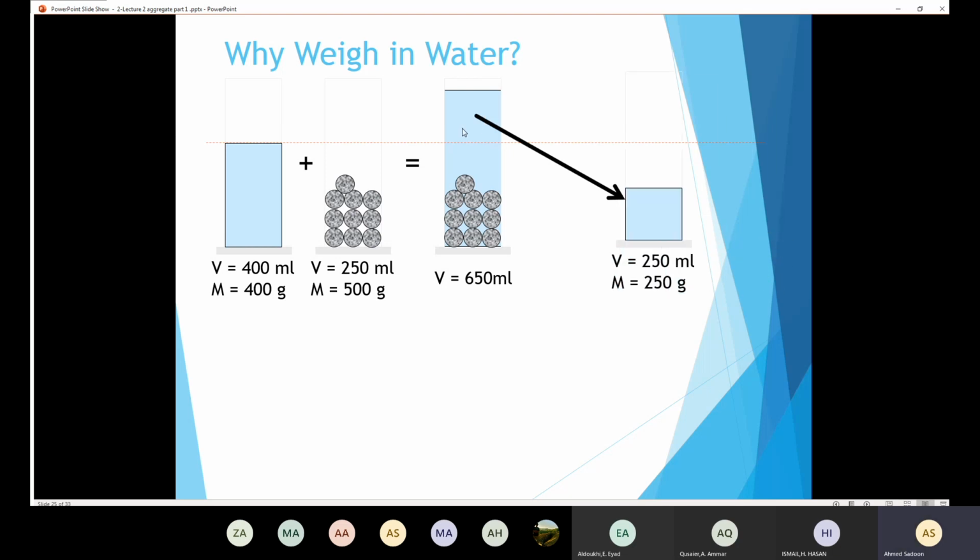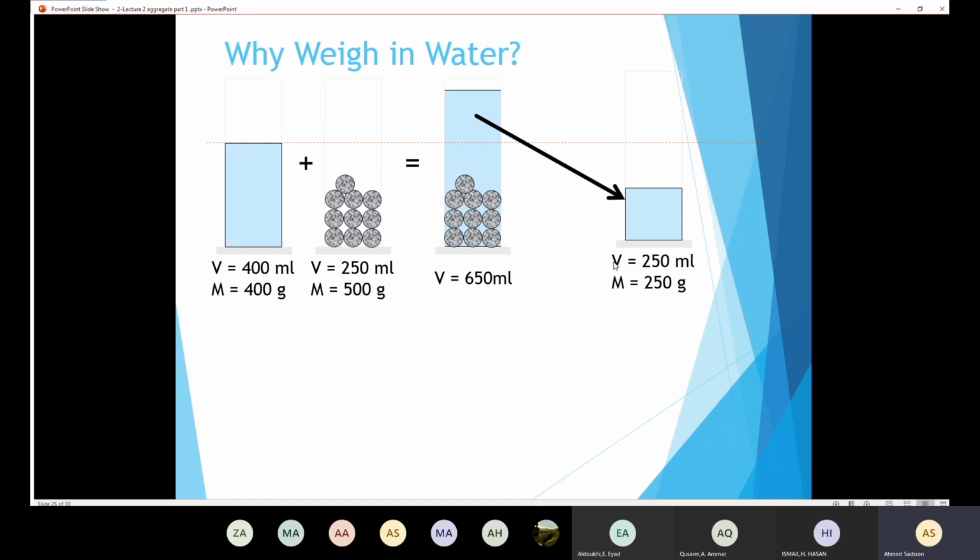So the volume of the water here is going to be 250 milliliters. Why? Because the volume of the water displaced here is going to be the same as the volume of the aggregate. So the volume of the aggregate here is going to be the same as the volume of the water which has been displaced in this place.